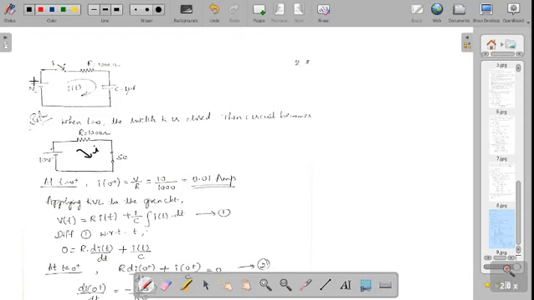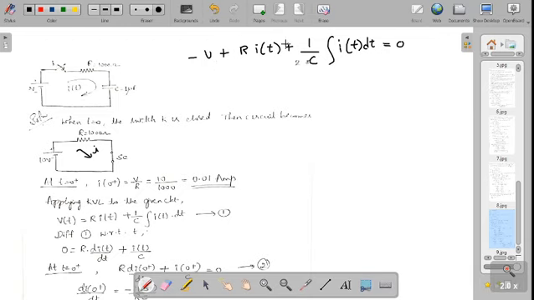You can write this as minus V plus R into I of t, plus the voltage across the capacitor, which is 1 by C into the integral. It is not a derivative, it is an integral: 1 by C into the integral of I of t dt. This will be equal to 0. So this is the KVL which you applied to the circuit.